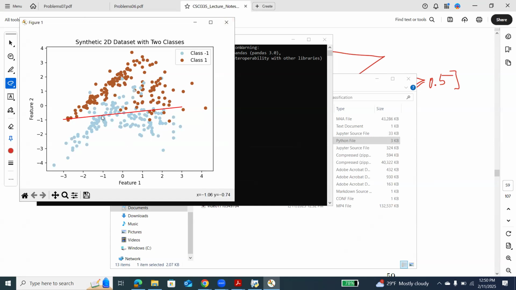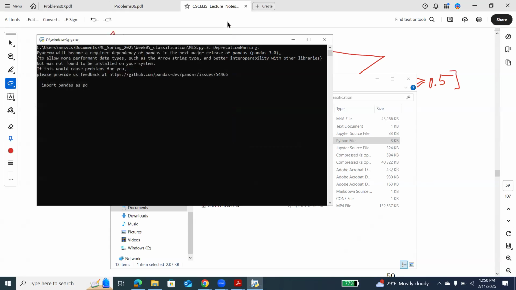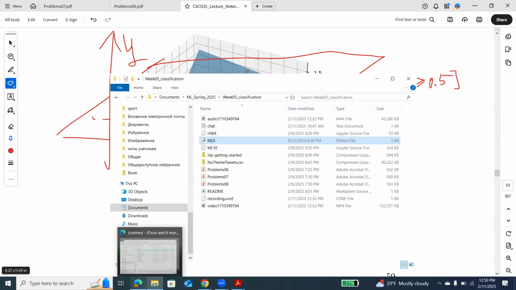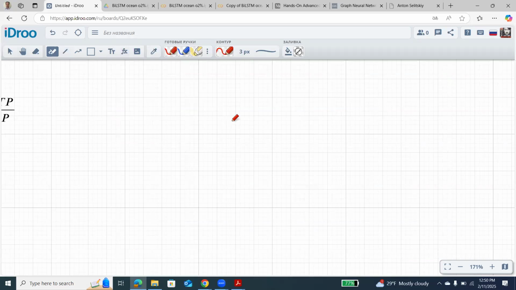Okay, so let's talk about metrics for classification. This matrix is called a confusion matrix. So this will be our first problem. We have our true values and we have our predictions. In this case, I have 1 and -1.